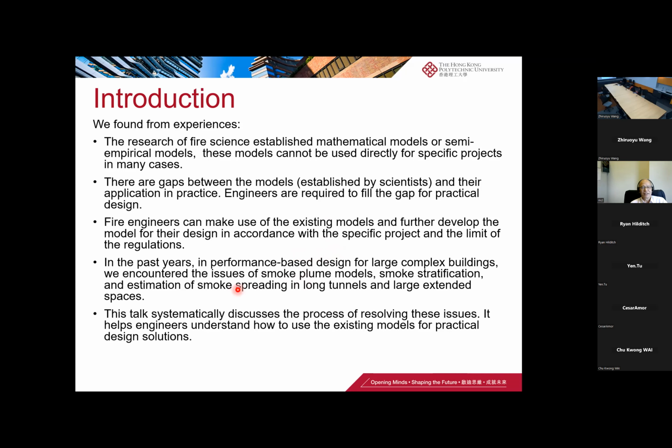In past years, in performance-based design for large complex buildings, we have found problems with plume models, smoke stratification, and smoke spread for long tunnels or large extended spaces. This talk will systematically discuss the process of solving these issues and how engineers use existing models for practical design solutions.